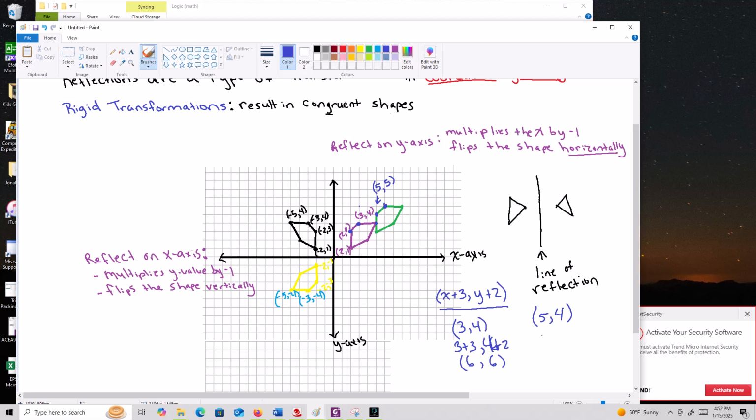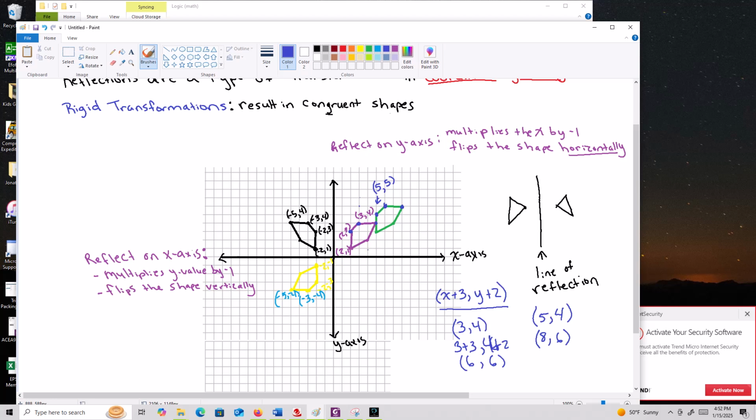So x plus 3 is going to be 5 plus 3, or 8. And then y plus 2 is going to be 4 plus 2, or 6. And we get 8, 6. So we'll go 1, 2, 3, 4, 5, 6, 7, 8 on the x, and up 6. 1, 2, 3, 4, 5, 6. And we end up right there. It's looking like the shape is going to be congruent. And it does kind of look like it from the eyes, but still.